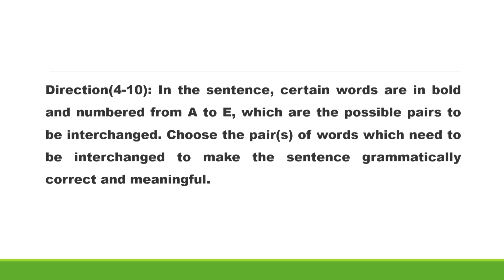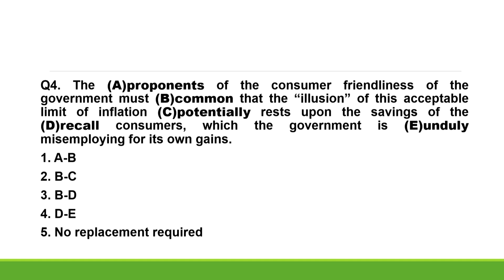So, let me read them out. In the sentence, certain words are in bold and numbered from A to E, which are the possible pairs to be interchanged. Choose the pairs of words which need to be interchanged to make the sentence grammatically correct and meaningful. Fine. So, here is the question given. Start solving.